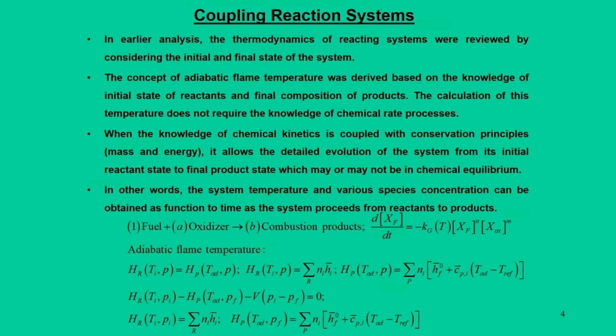Now, until this point, when we have modeled such systems, it all depends on the equilibrium conditions, that is where the reactants stand and where the products stand. That means all the thermodynamic parameters are estimated based on the reactant operating conditions in terms of pressure and temperature, or product conditions in terms of pressure and temperature, and we do not bother how the chemical reaction proceeds.